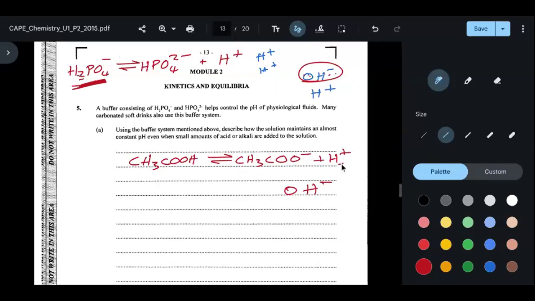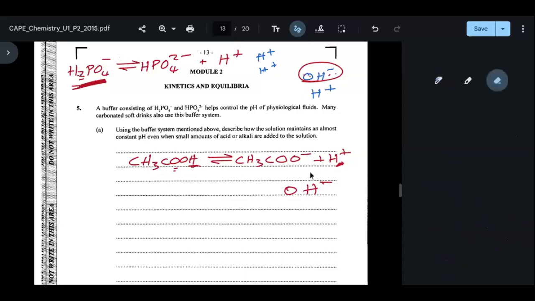Yeah, correct. It could react with some of the hydrogen, right? But not a lot of hydrogen will be there because it's a weak acid. So most of it will react with this, so it would accept a proton, all right?